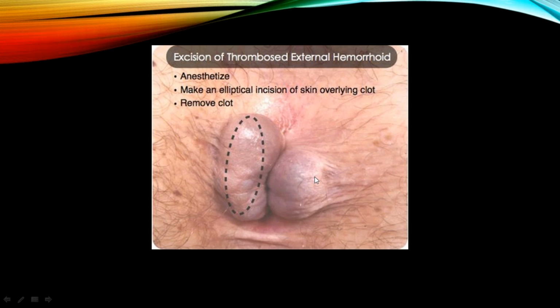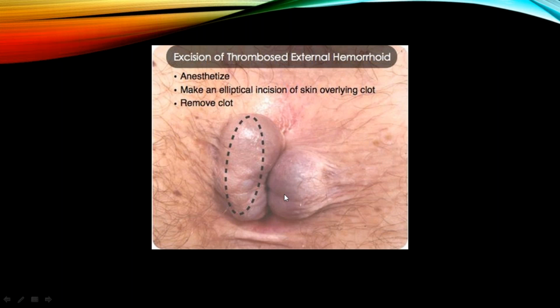The difference between internal hemorrhoids and external hemorrhoids is that internal hemorrhoids are covered by mucosa because they are coming from inside to outside. Whereas external hemorrhoids, as I have depicted in the picture, are covered by the skin.